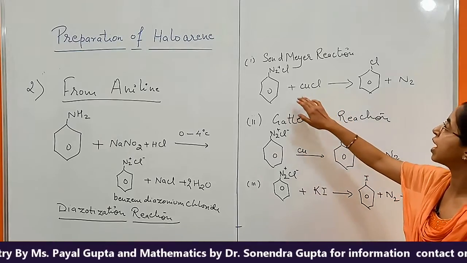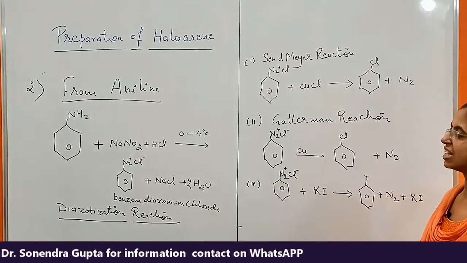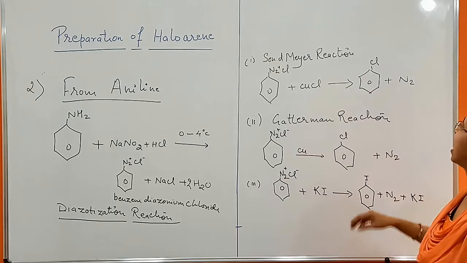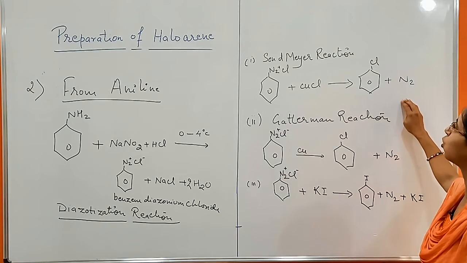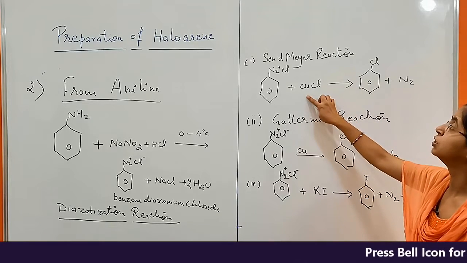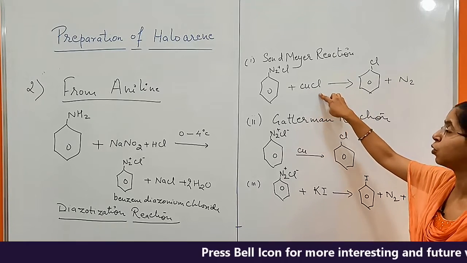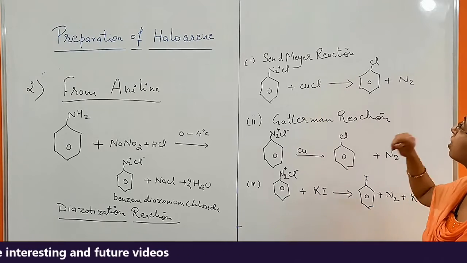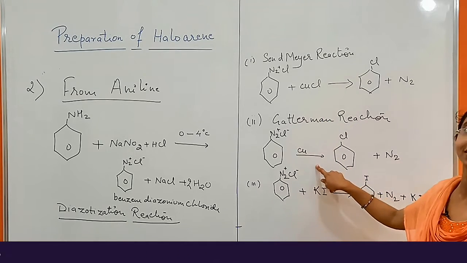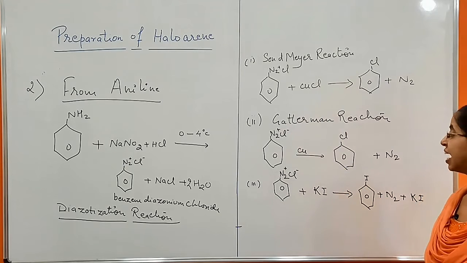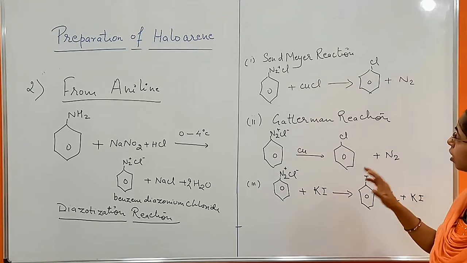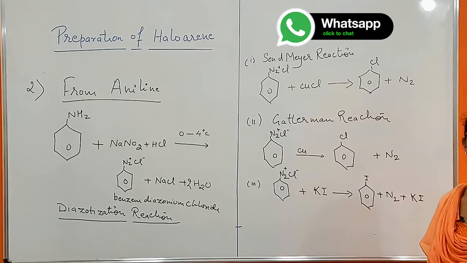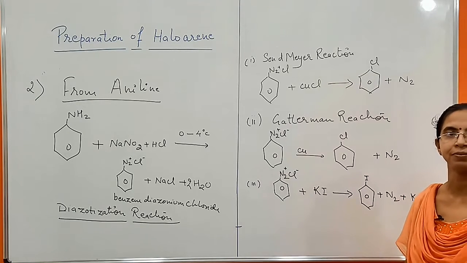Now this primary substance benzene diazonium chloride is reacted with copper chloride, then it is going to prepare chlorobenzene. When the other substance is copper chloride, the reaction is known as Sandmeyer reaction, and when the reactant is only copper, then this reaction is known as Gattermann reaction. We can prepare iodo compound by taking reactant as potassium iodide.